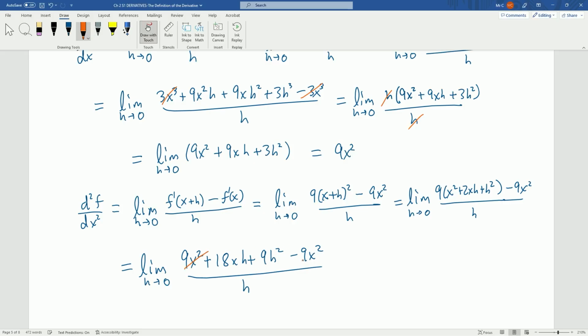So my 9x squared cancels with the negative, and then I'll factor out an h up top. That cancels my h's, and now I'll just go ahead and plug in my 0. I get 18x. So that's my second derivative.